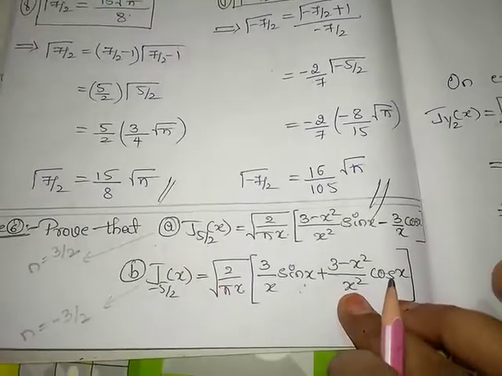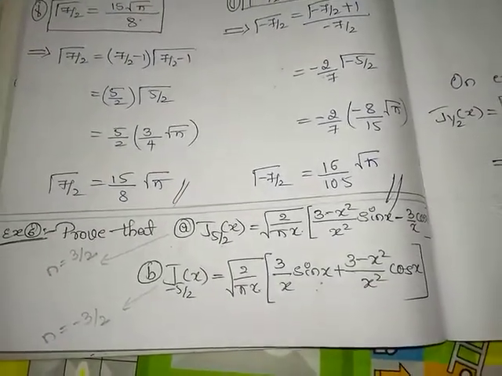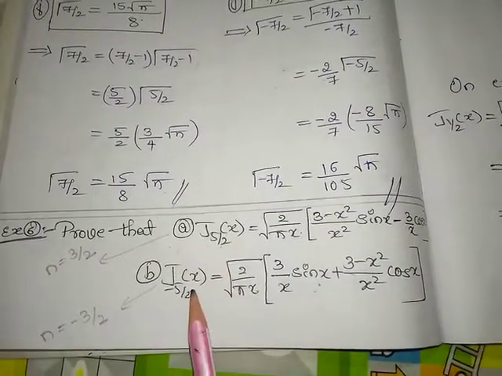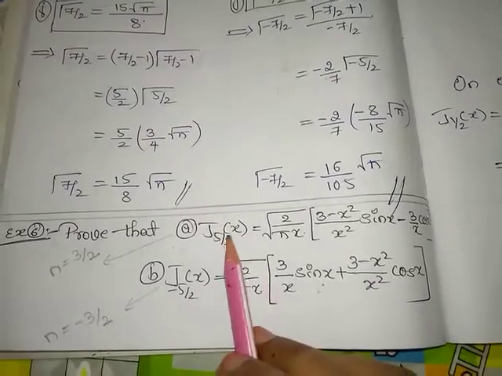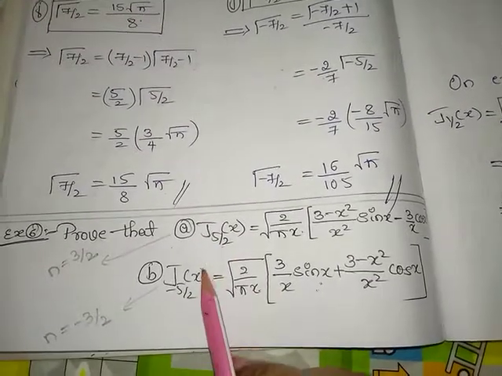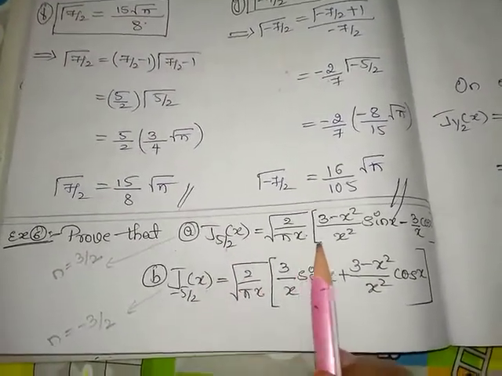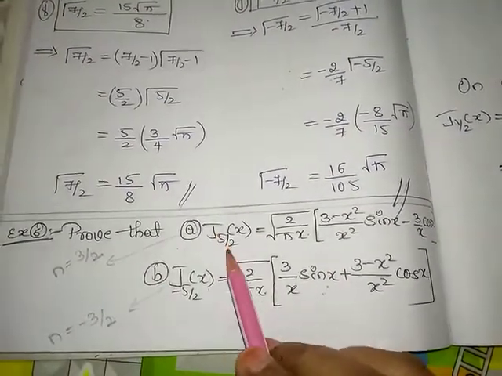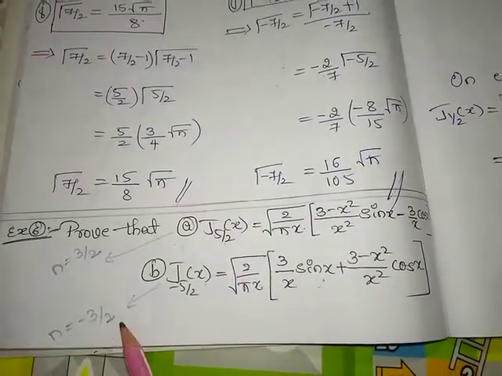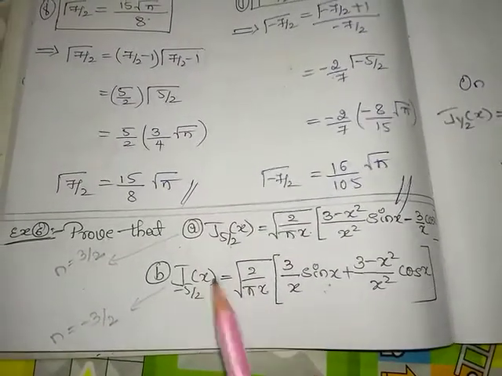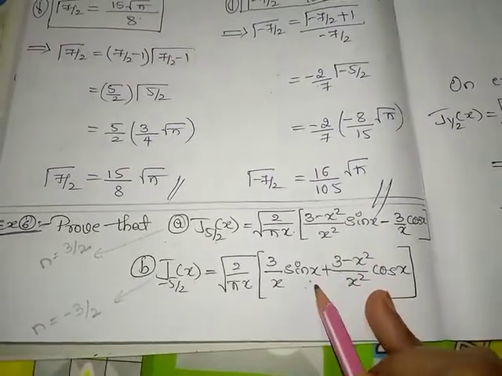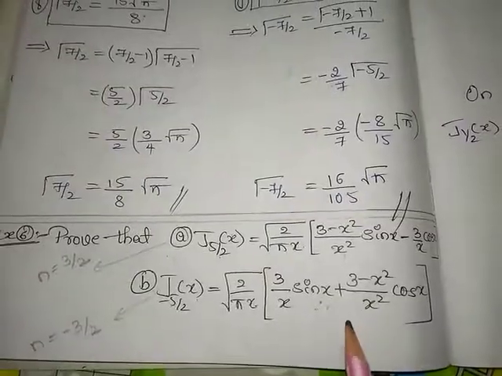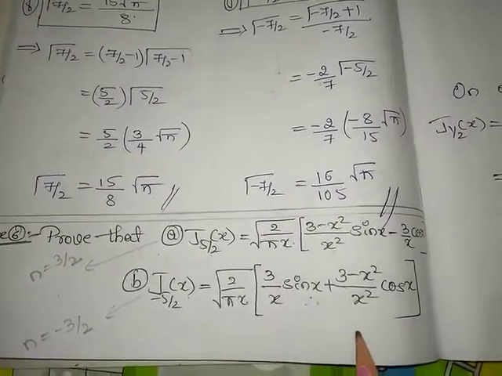Also remember these results, because if they are given in the examination, to find or prove J_{7/2}(x) and J_{-7/2}(x), you have to substitute n as 5/2 for J_{7/2}(x) and n as −5/2 for J_{-7/2}(x). You must know these results, so remember all these results, and also the recurrence relations and properties.